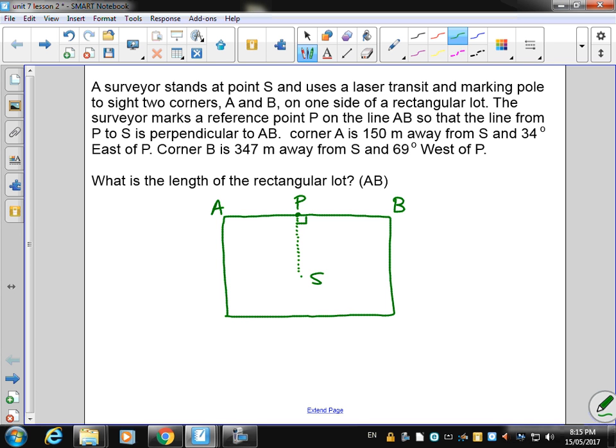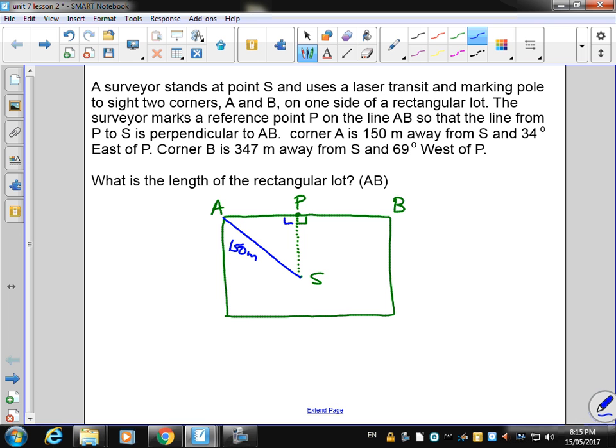Okay. Corner A is 150 meters away from S. And this would be perpendicular as well.